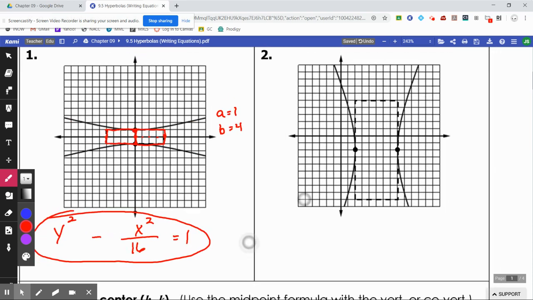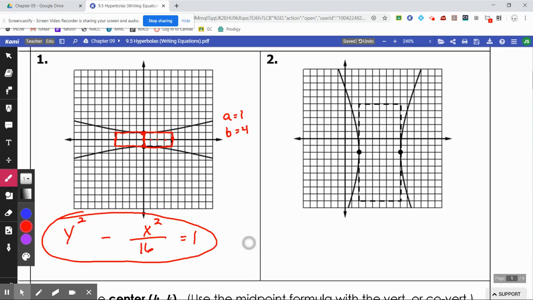Next up, this is going to be a horizontal hyperbola. So therefore, we're going to have our x stuff listed first. So you're going to have x stuff squared over a squared minus y stuff squared over b squared equals 1. Let's go ahead and see where our center's at. The middle of our two vertices is right there.